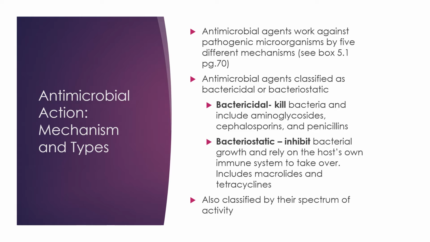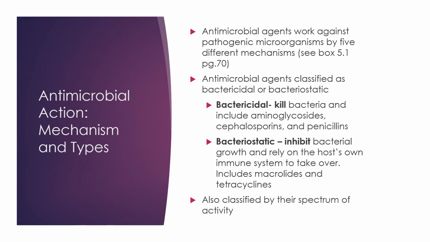Okay, antimicrobial agents work against pathogenic microorganisms by 5 different mechanisms, and you can see those listed in box 5.1 on page 70. The antimicrobial agents are classified as bactericidal and bacteriostatic. So bactericidal will kill the bacteria, and this includes the aminoglycosides, cephalosporins, and penicillins, all of which we will go through.